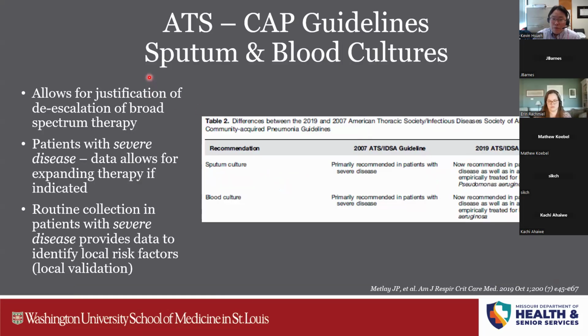In terms of the role of sputum and blood cultures, it tries to identify when that would be appropriate: severe disease, or disease where you're going to be treating for MRSA or Pseudomonas. So basically trying to identify patients where the culture results will be used, and excluding those where it won't make a difference in the treatment regimen.